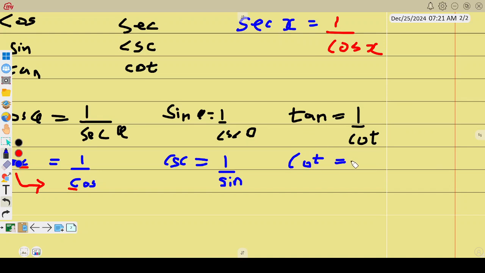So we'll write cot theta is equal to 1 over tan. I'll make sure you're able to remember them very well. The first hint is that cot is ending with a T and tan is starting with a T. So they are related. Any of these can be written as a reciprocal of the other. Cot theta is equal to 1 over tan, or tan is equal to 1 over cot. They can switch positions.